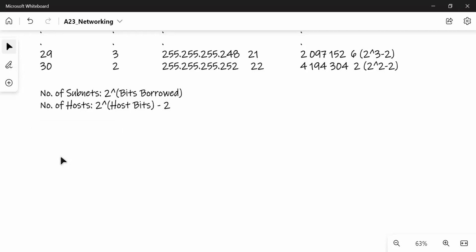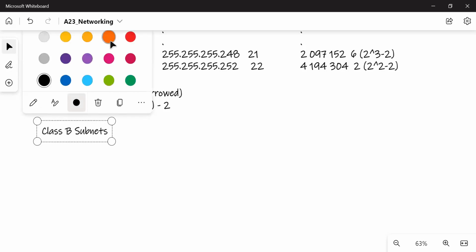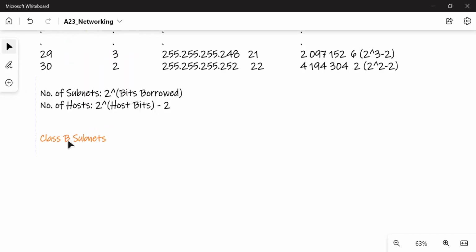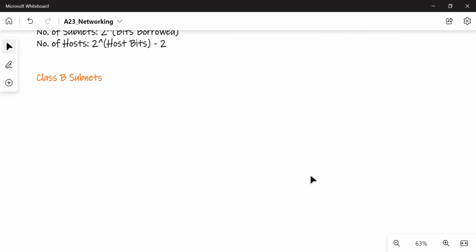The next one we are going to discuss is class B subnets. Now we know the idea of subnets. So given an IP address, we should be able to make subnets.